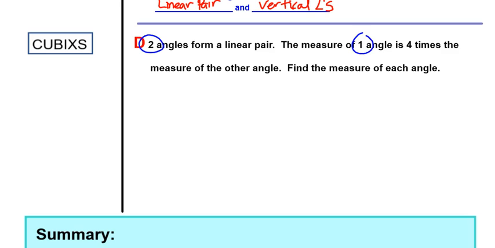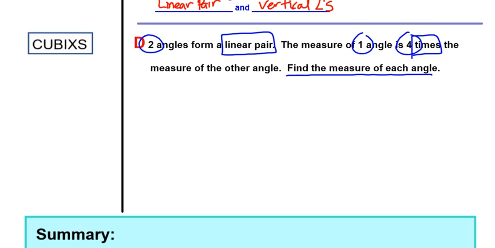We have one angle that is 4 times the measure of the other angle. Then we're going to underline our question. The question says, find the measure of each angle. Then we're going to box our important words. And it does say that we have a linear pair. And it does tell us that we're going to do some times right here.